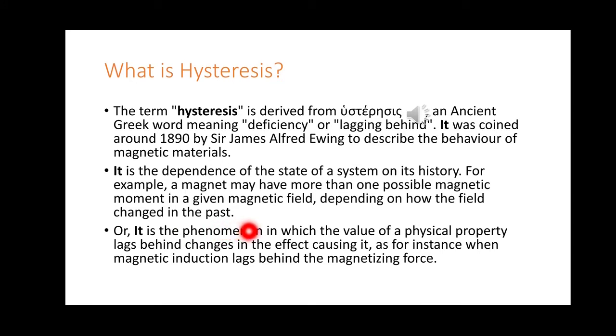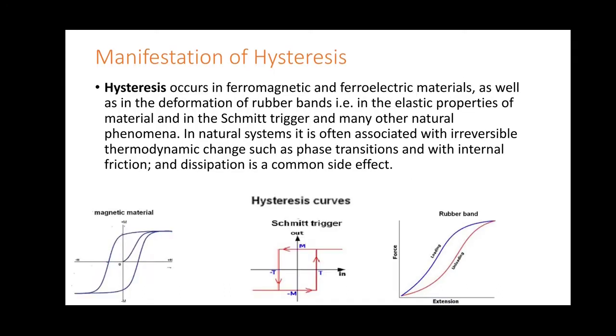So it is the phenomenon in which the value of a physical property lags behind changes in the effect causing it, for instance, where magnetic induction lags behind the magnetizing force.